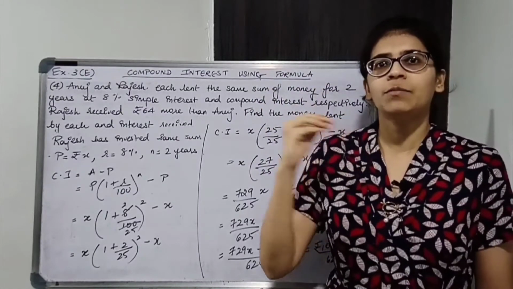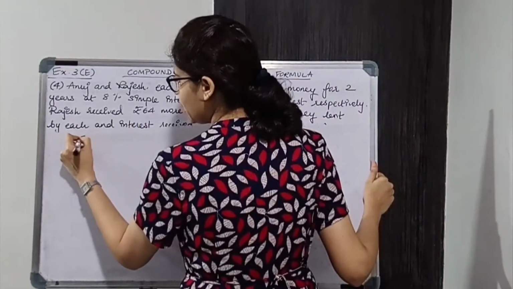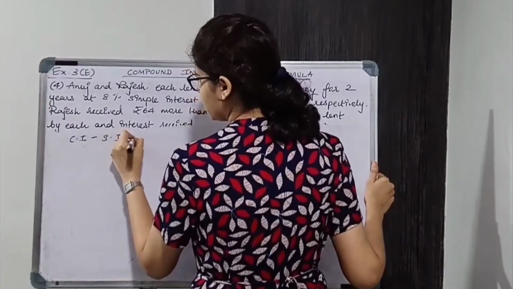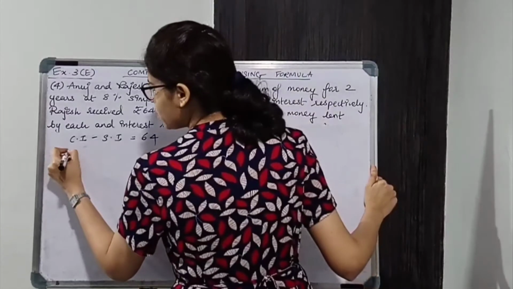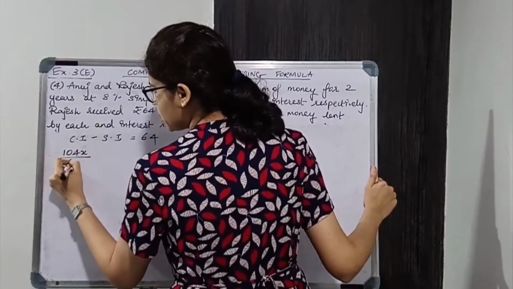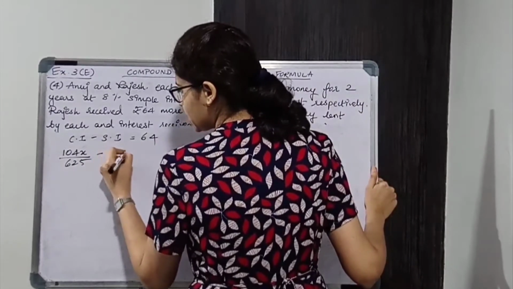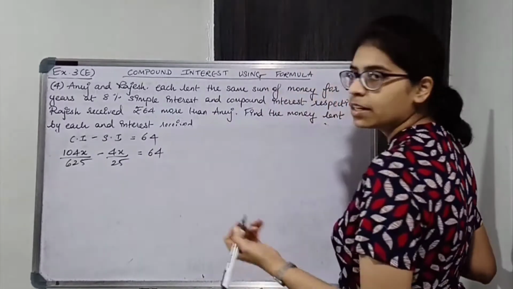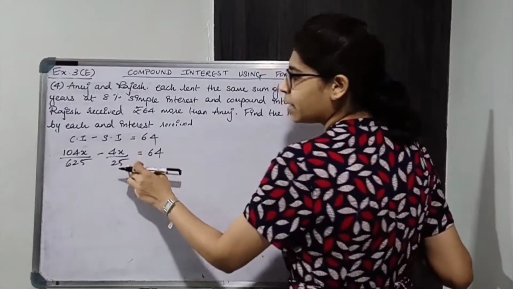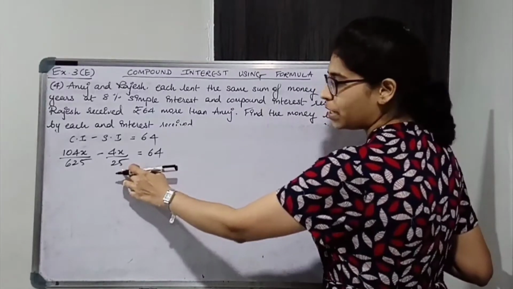We know that CI minus SI is 64 rupees. So CI minus SI is 64. Okay. Now CI is 104x upon 625 and SI is 4x upon 25, is equal to 64. Now we'll take LCM, we'll multiply and divide by 25 over here, because over here we need to make 625.